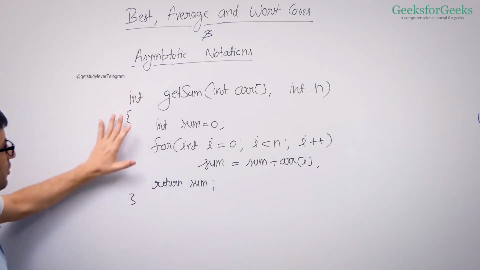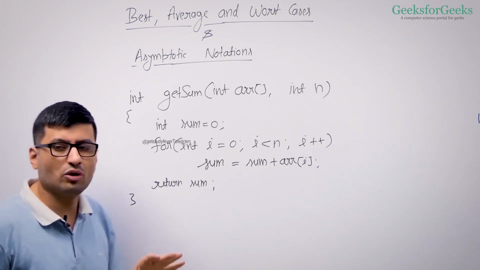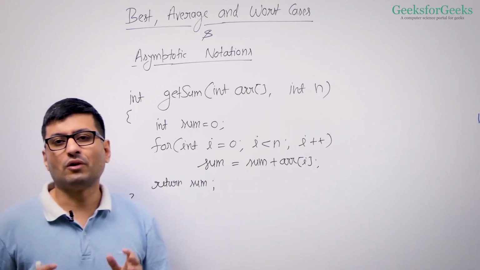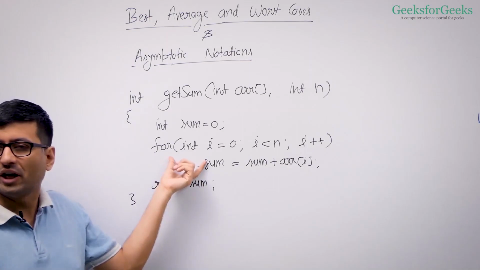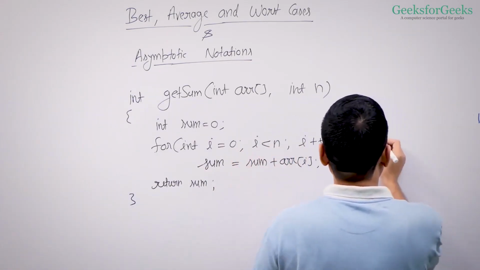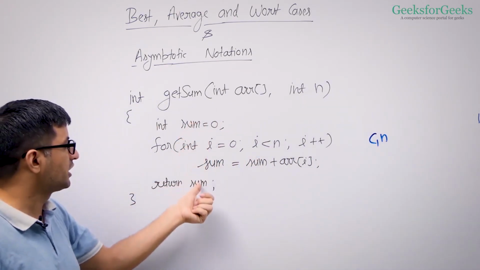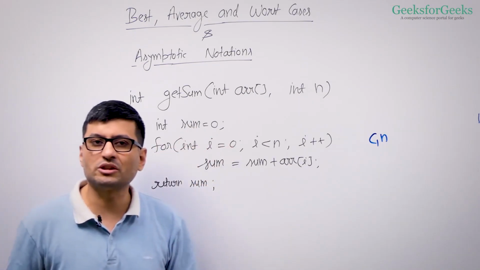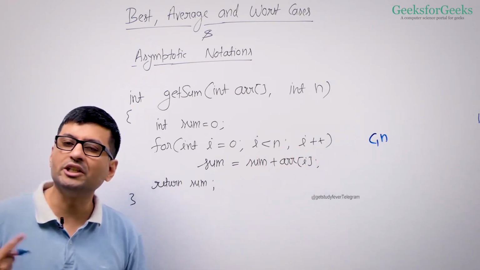Let's take a look at this code, and please pause this video and try to think of order of growth of this function. Order of growth for this function is clearly n, right? It's linear. You can see that there is some work which is happening in linear time, c1n, and there is some work which is happening in constant time, like these two, and initialization, all these things happen in constant time, and there is this thing and this i++ which happens in linear time, right?